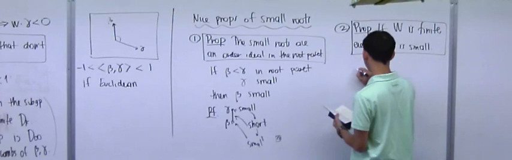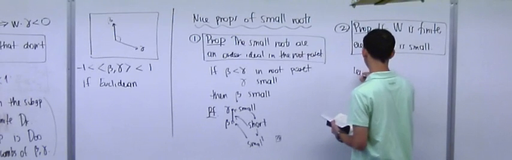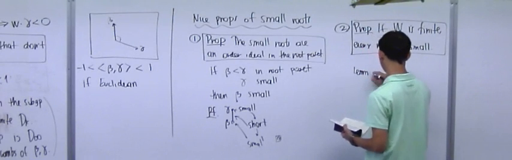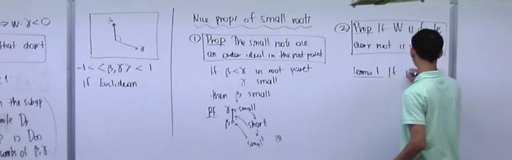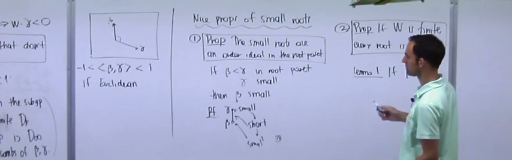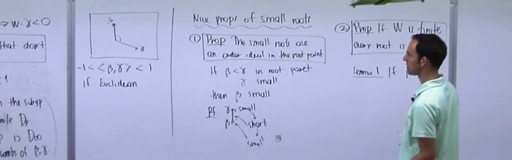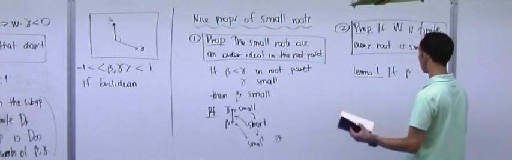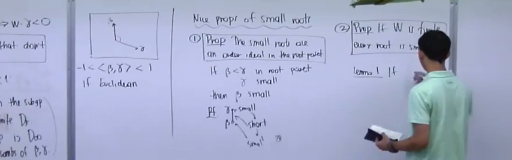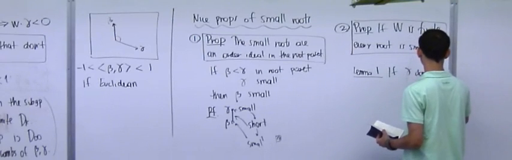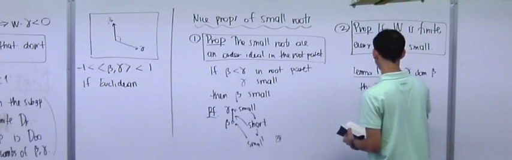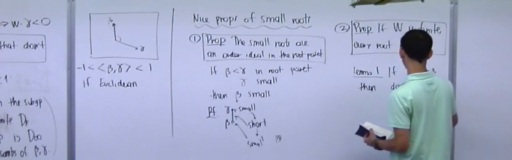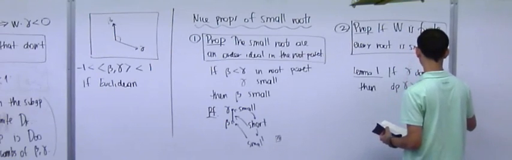So step one, lemma 1. If beta dominates gamma, I have gamma dominating beta, so let me do it that way. If gamma dominates beta, then the depth of gamma is bigger than the depth of beta.